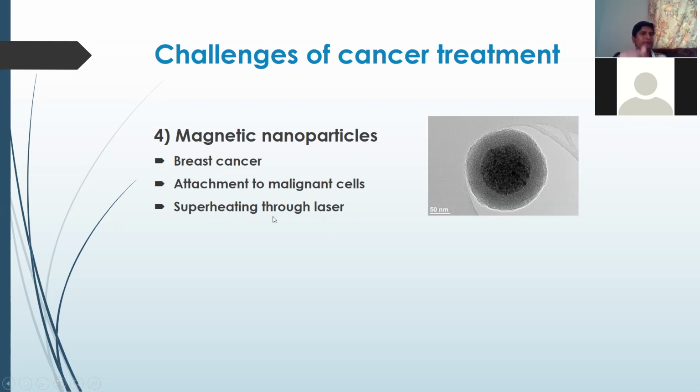Due to this site-specific superheating, they would only kill the cancerous tumors in a specific area, and they would save the remaining healthy cells. In this way, this strategy could be applied in order to treat breast cancer.